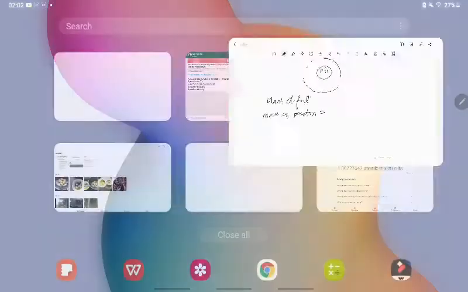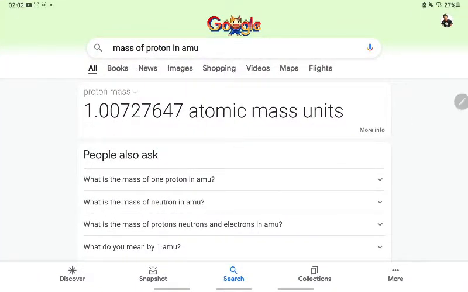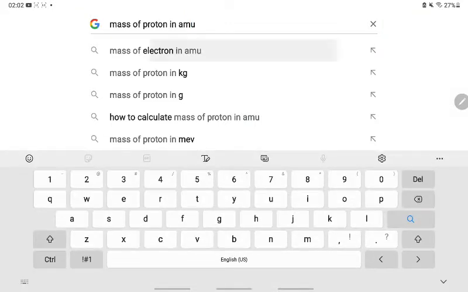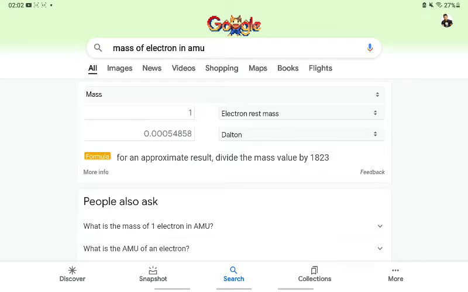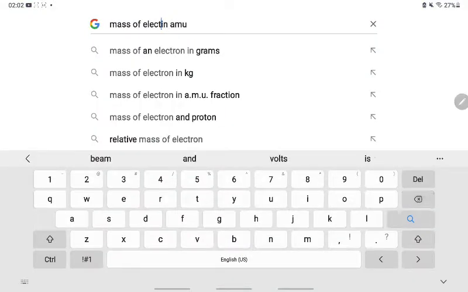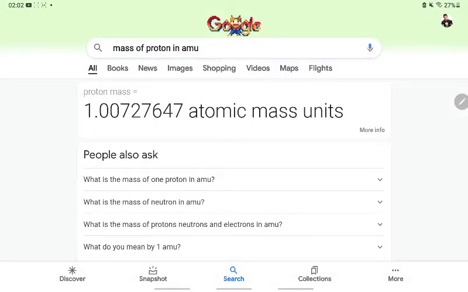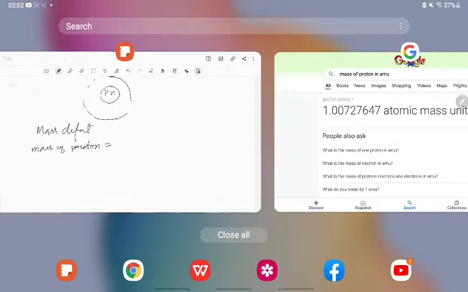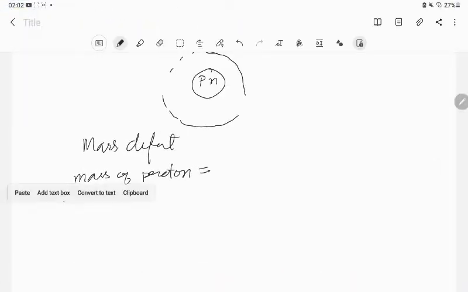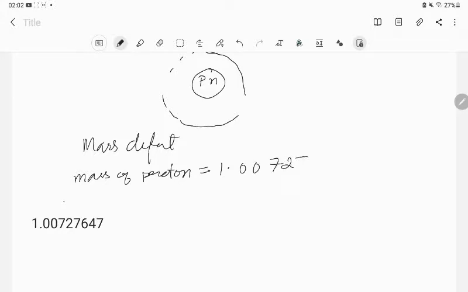The mass of a proton in AMU, where AMU is the atomic mass unit, is 1.007276447 AMU. So this is the mass of a proton.